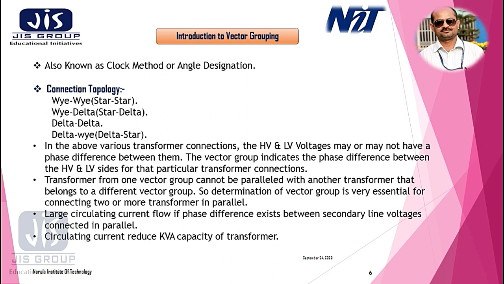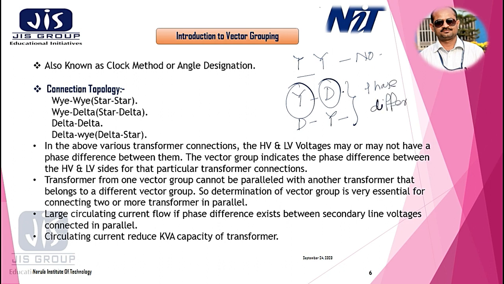If it is a star star transformer, there is no phase difference. But if it is a star delta transformer or delta star transformer, then in between this high voltage and low voltage there exists a phase difference.